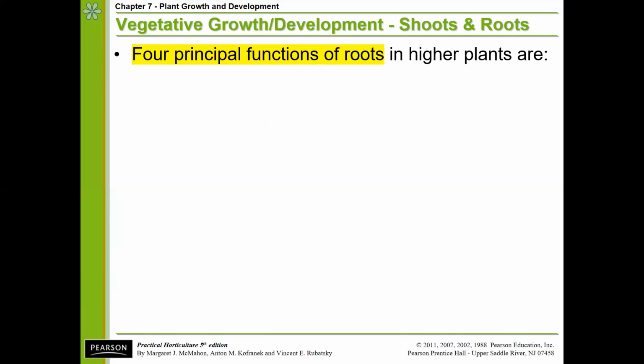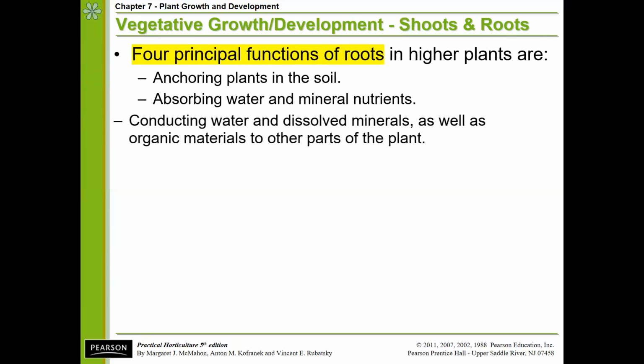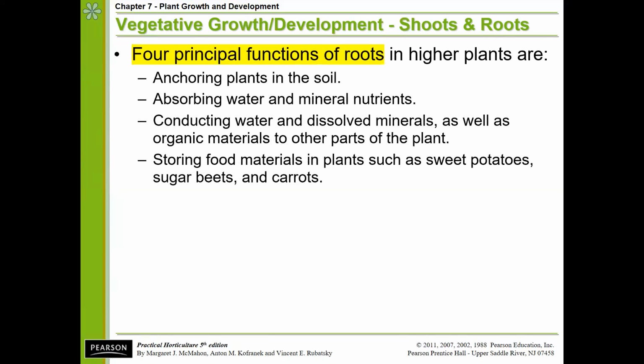There are four principal functions of roots: anchoring, absorbing water and nutrients, then conducting that water and the dissolved minerals, allowing them to move into the xylem and phloem and throughout the plant, and in some cases, storing food materials.